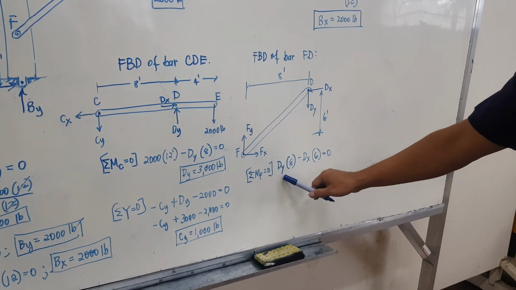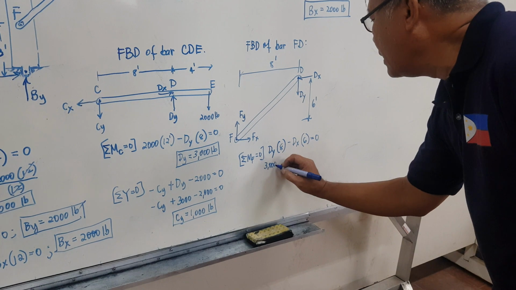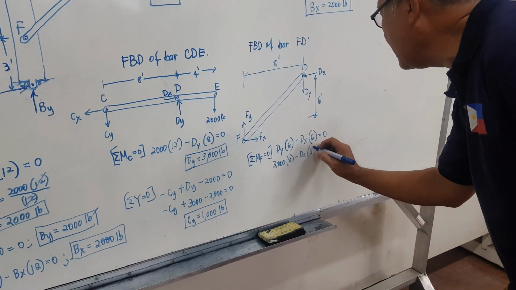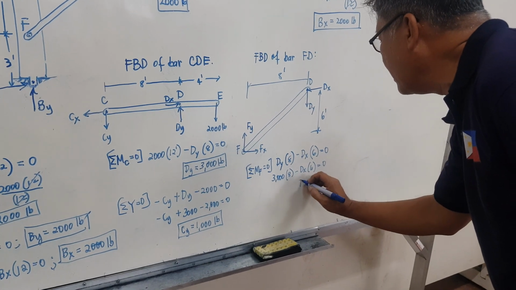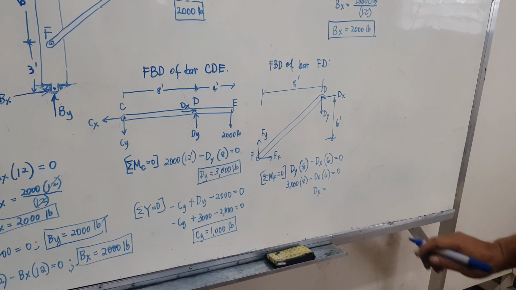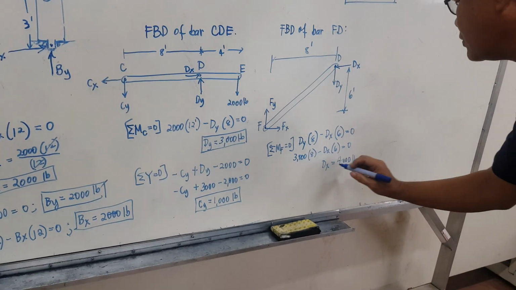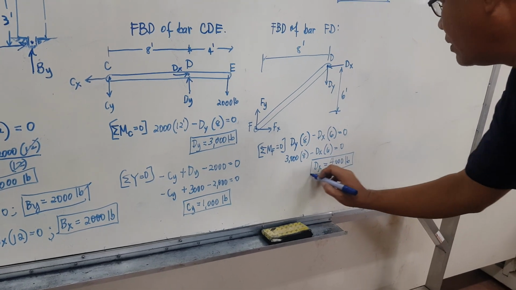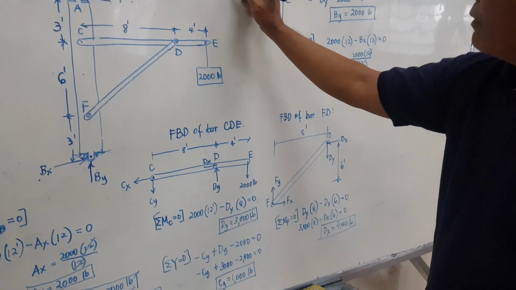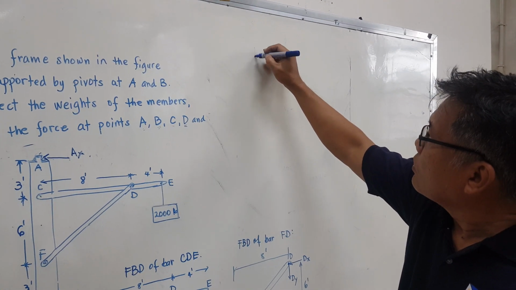But Dy has an answer already of 3,000 pounds times 8 minus Dx times 6 is equal to 0. So Dx will have an answer of 4,000 pounds. That is also one answer for D.